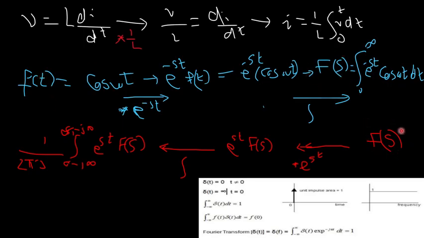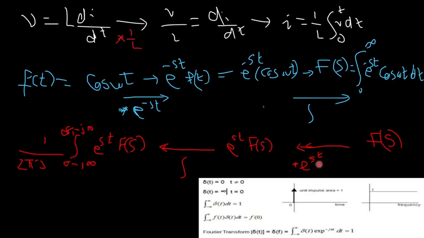Here we will start with F of s. We multiplied here with e to the minus st, which is like a division by e to the st, because the negative exponent means denominator. We can read this as 1 over e to the minus st, or 1 over e to the st.